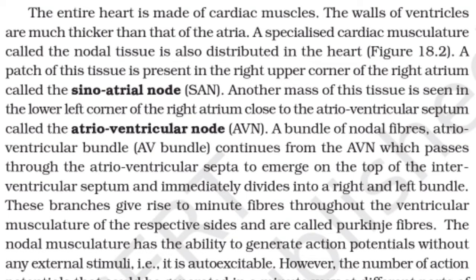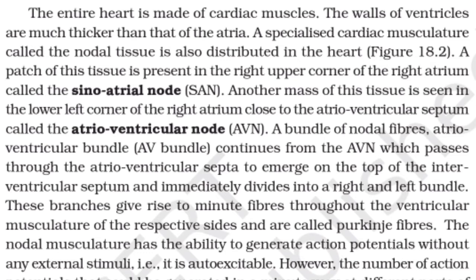Another mass of this tissue is seen in the lower left corner of the right atrium close to the atrioventricular septum, called the atrioventricular node (AVN).